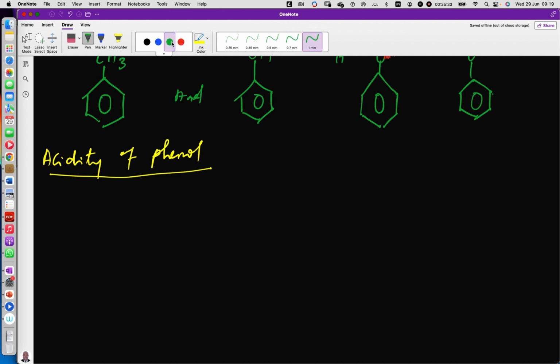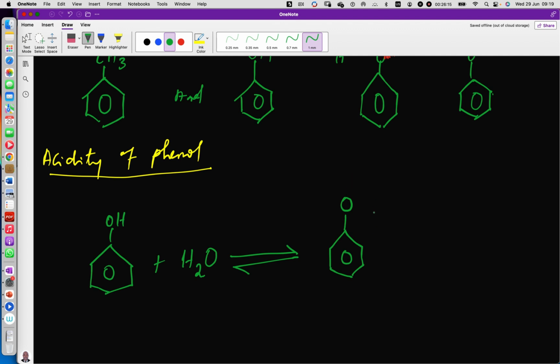You will find the phenol molecule and the phenoxide ion.